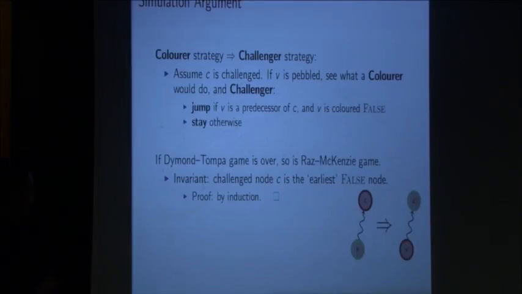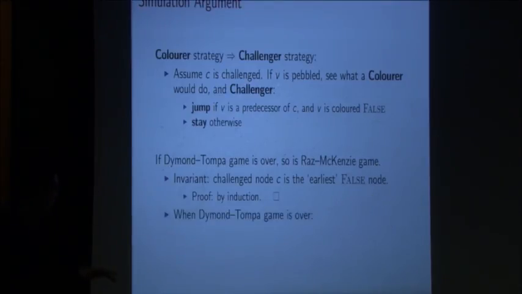Whenever a node, let's say this node points to this node, this is a predecessor of this node. If some pebbled node becomes false and is a predecessor of the charged node, then the challenger will try to maintain the invariant by jumping to that node, so that after you jump, the earliest false node will be charged. That's the transformation strategy: to maintain this invariant.